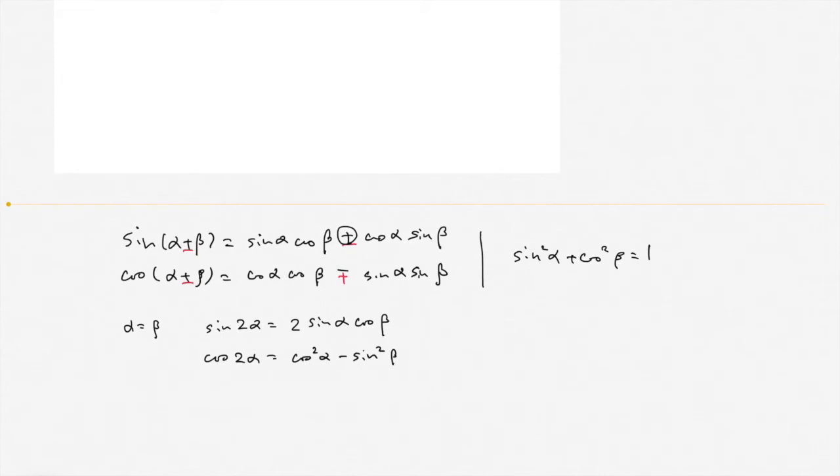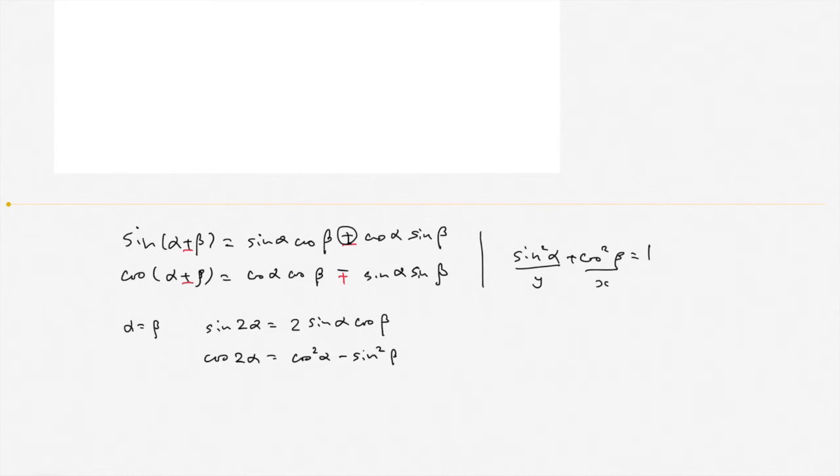Because for the circle with a radius of 1, this is the x coordinate and the y coordinate of the point on the circle with a radius of 1, the square of x plus the square of y should be equal to 1.